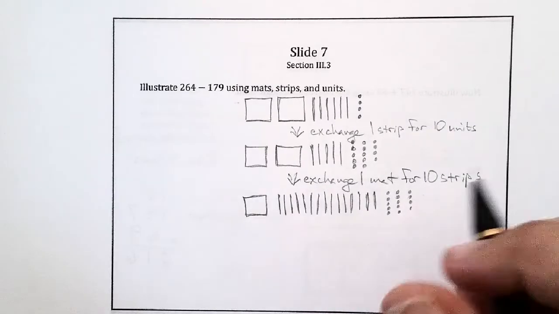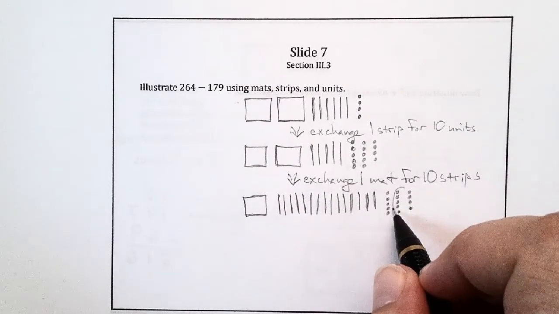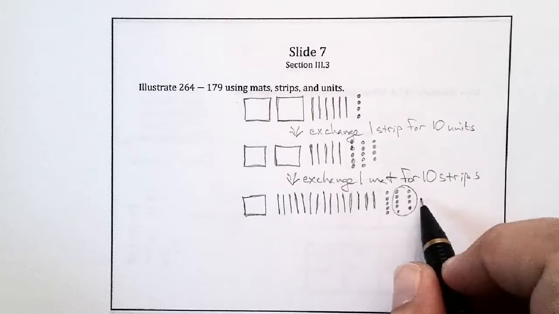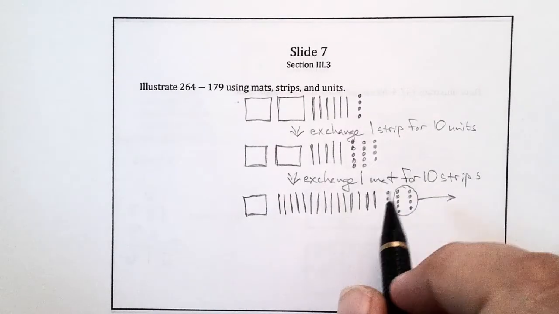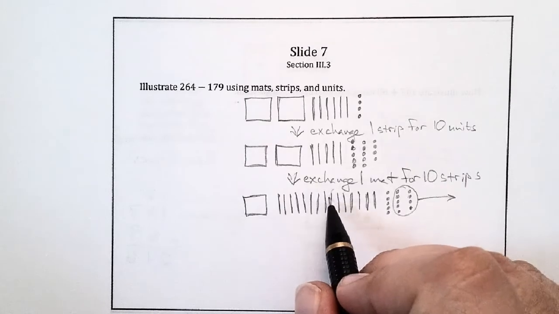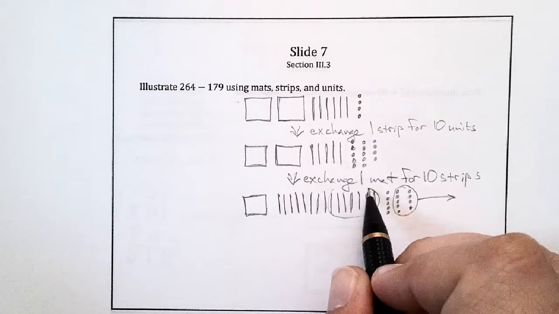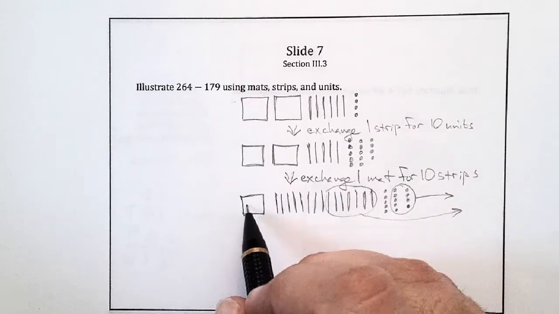Now we're ready to take away. So I can take away 9 units and 7 strips and 1 mat.